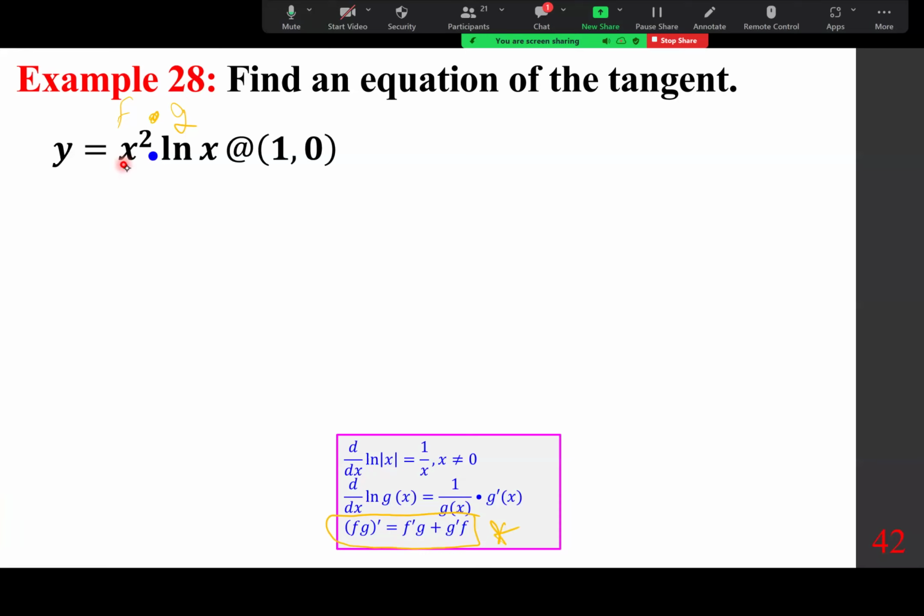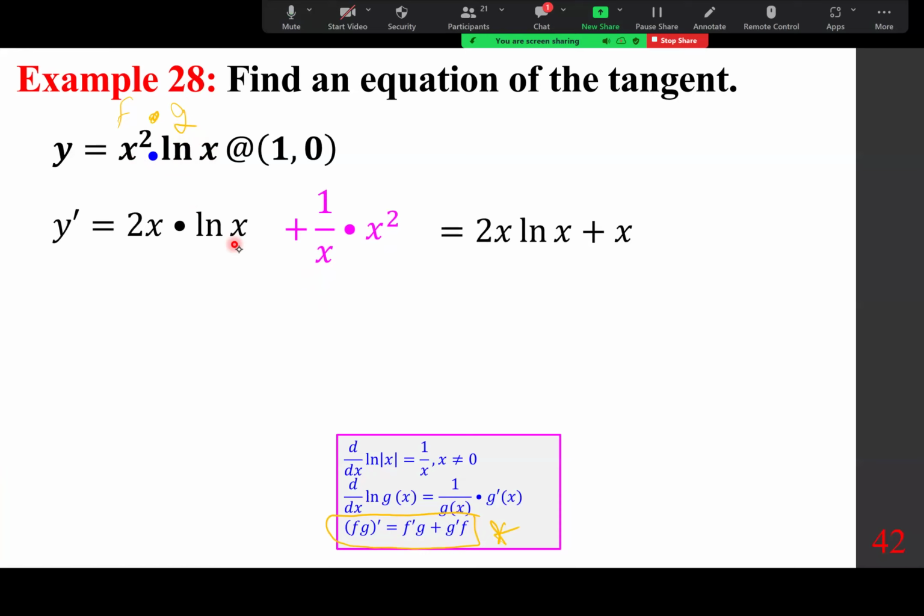F prime is 2x times g, ln x, plus g prime, 1 over x, times f, which is x squared. And all you have to do is simplify this into x. That's all I mean. There's nothing else we can do. So this is y prime or f prime of x.